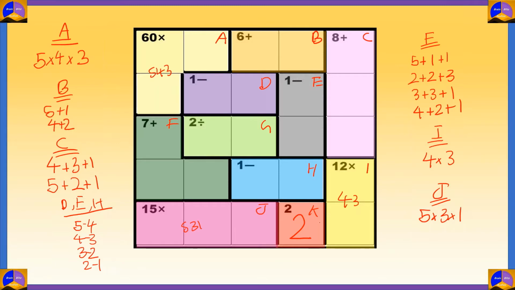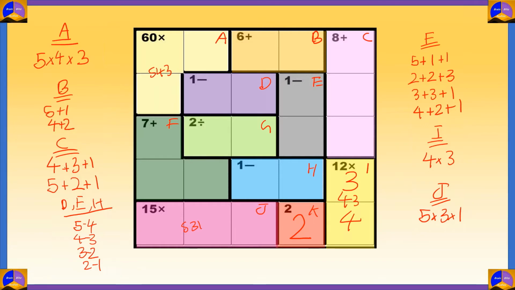Now, we know that 1, 3 and 5 will come in cage J and 2 has come in cage K. So, the remaining number in the row is 4. So, in cage I, it would be 4 over here and 3 over here.